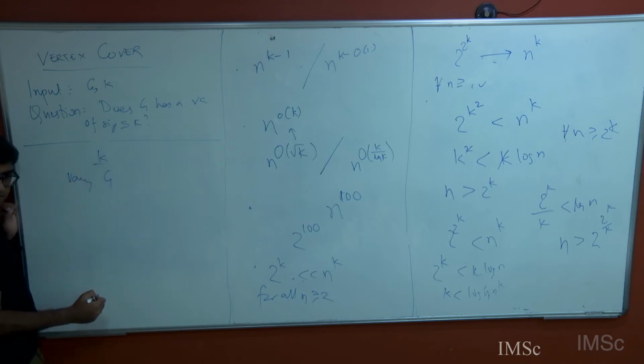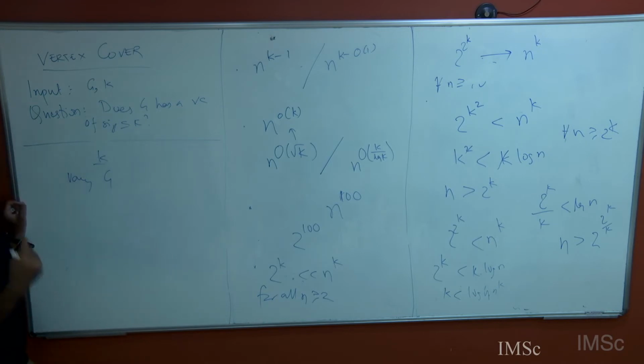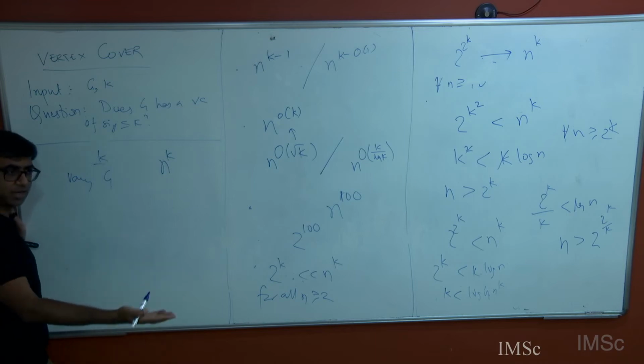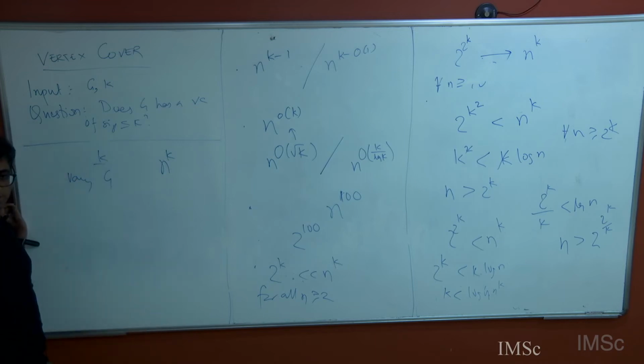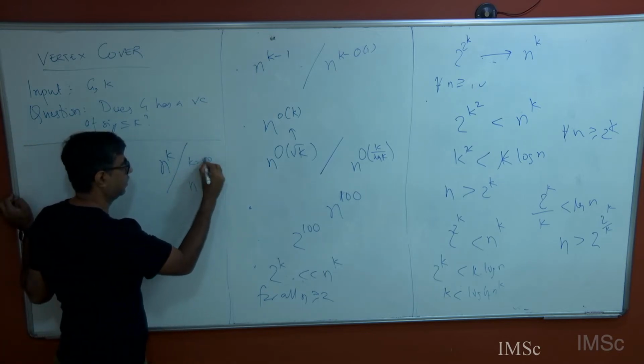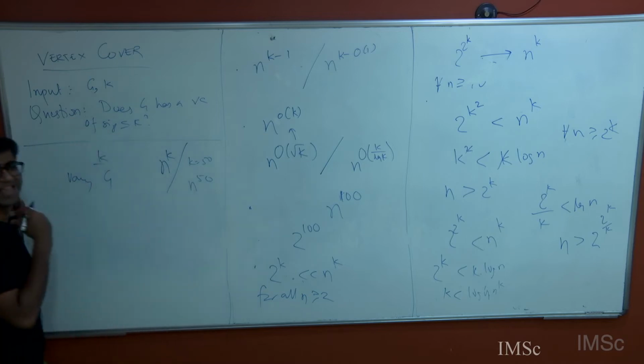You understand my point? Because what did you make an algorithm for? We said, look at this n to the power k algorithm. This is polynomial time when I fix k equal to 50. For k equal to 50, this is n to the power 50, independent of what your instance size is.